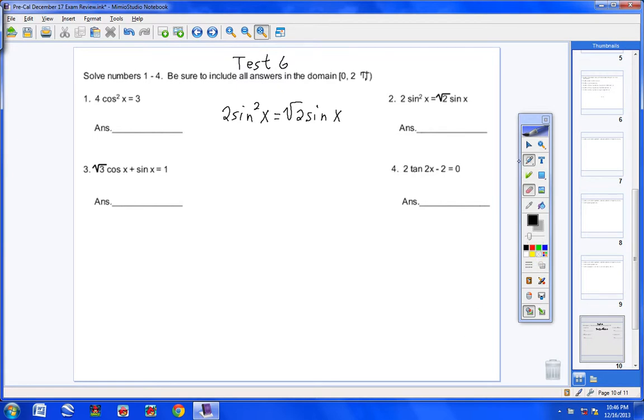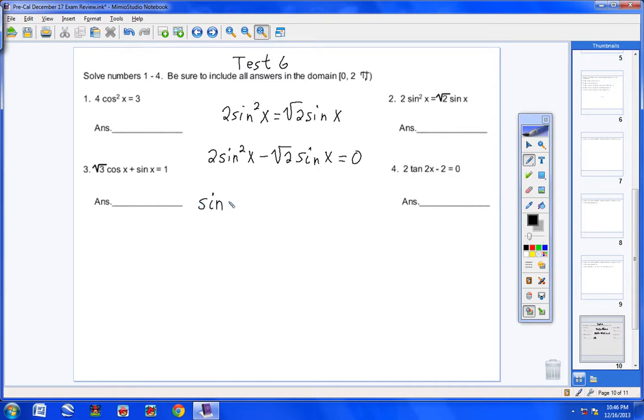Okay, so I'm going to bring my square root of 2 sine x over and make it negative. So now I would have 2 sine squared x minus square root of 2 sine x equals 0. And now I'm going to factor. I have a sine squared and a sine, so I know I can pull one sine out for sure.